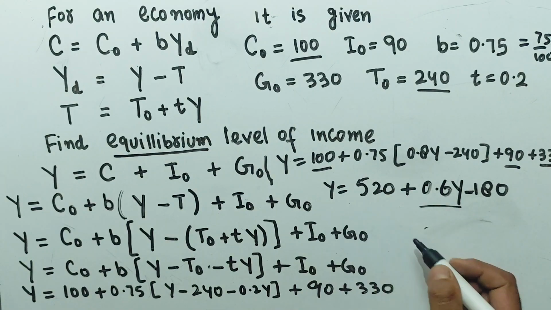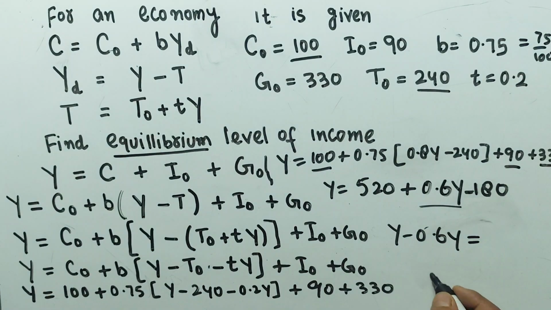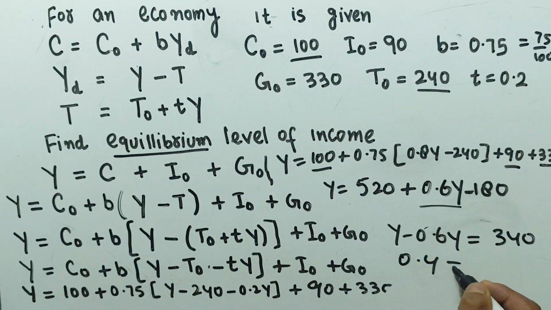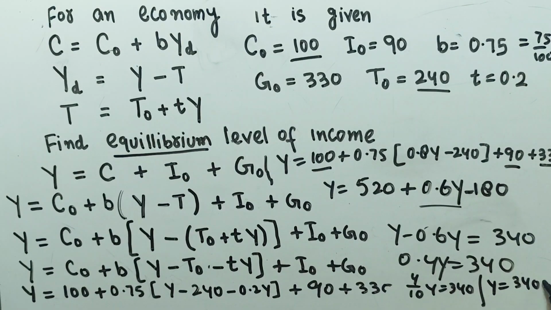So transpose this term here, so we have y minus 0.6y is equal to 520 minus 180, so this is 340. Subtracting 0.6y from y, we get 0.4y is equal to 340, or this is 4 upon 10, so 4 upon 10 y is equal to 340, or y will be equal to 340 into 10 upon 4.